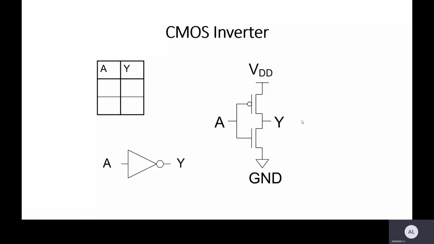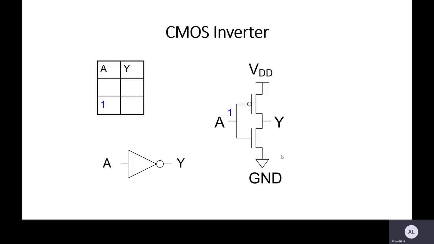Now what will the inverter do? The inverter will take the input and invert the output. That means if you give A as 0, output Y will be 1. How does it go to 1? We'll see. Let us first pass a 1.